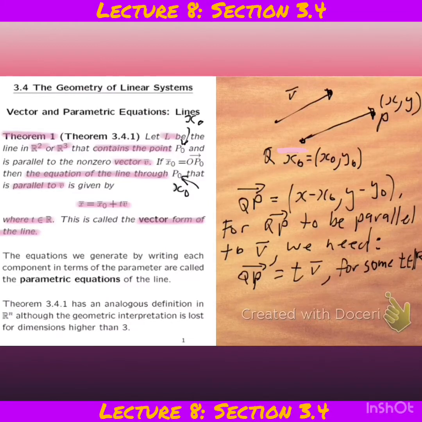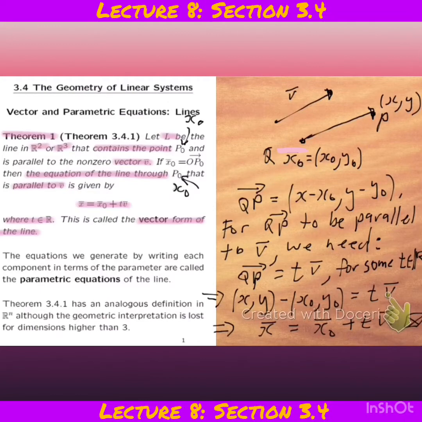All right, so that translates into the following. It's all points x, y, such that x comma y minus x0 comma y0 is a multiple of that vector, and so that implies that we get this vector equation.